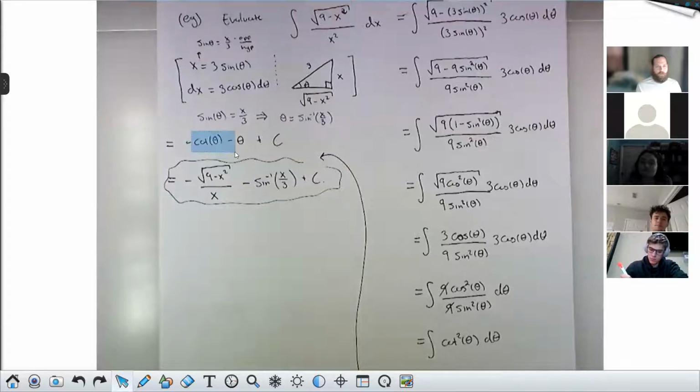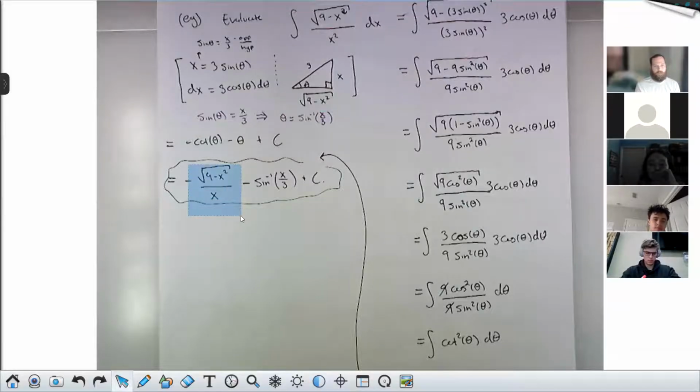So cotangent of theta is the adjacent over the hypotenuse, right? When you think of SOHCAHTOA, the TOA is tangent, opposite, adjacent. So the tangent of theta would be x over the square root of 9 minus x squared, which means cotangent of theta, the reciprocal of tangent, is the adjacent over the opposite, which is the square root of 9 minus x squared over x.